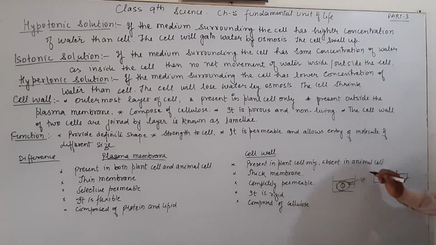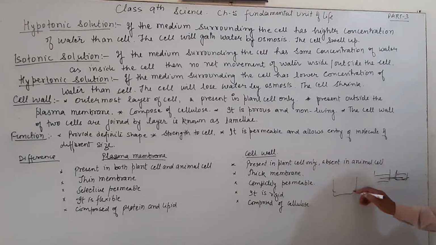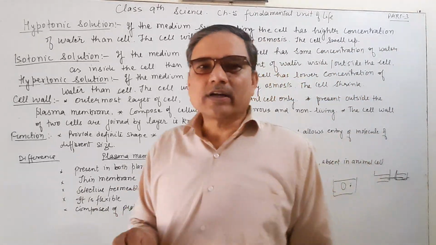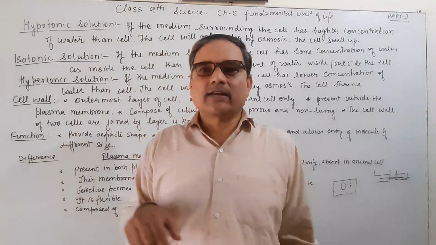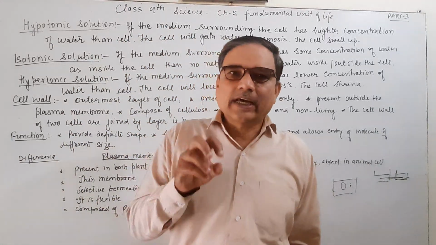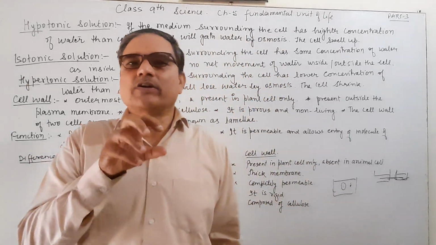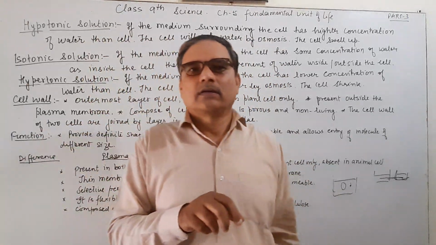If the concentration of water, meaning dilute solution, the water surrounding the cell is less than in the cell. If the water concentration outside the cell is less than the water concentration inside the cell, then what happens?